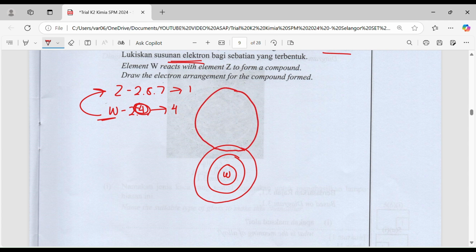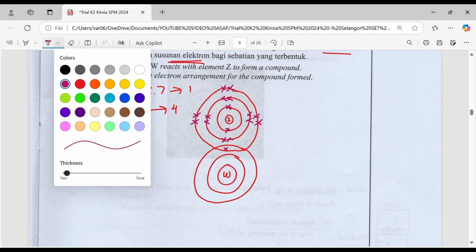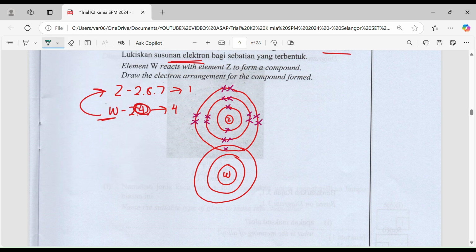Okay, it's bigger one. Z. Okay. 1, 2, 3, 4, 5, 6, 7, 8. So 1, 2, 3, 4, 5, 6, 7. Next, for your atom W.